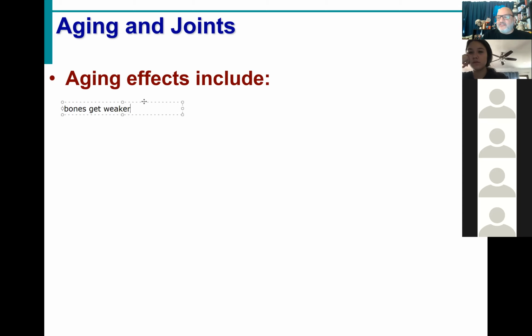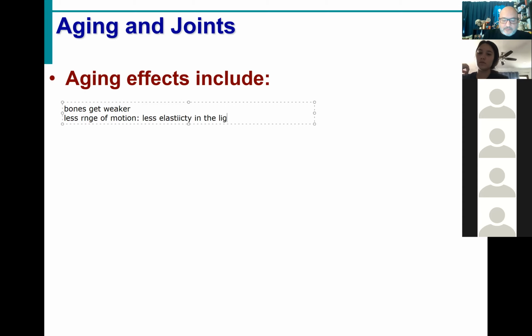Less elasticity, less range of motion. Absolutely. We get less range of motion. That decreased range in motion occurs because we have less elasticity in the ligaments and tendons.